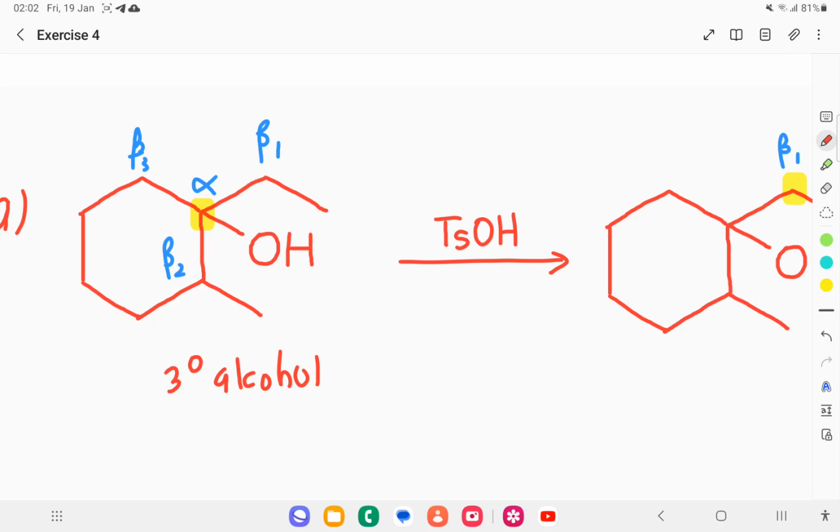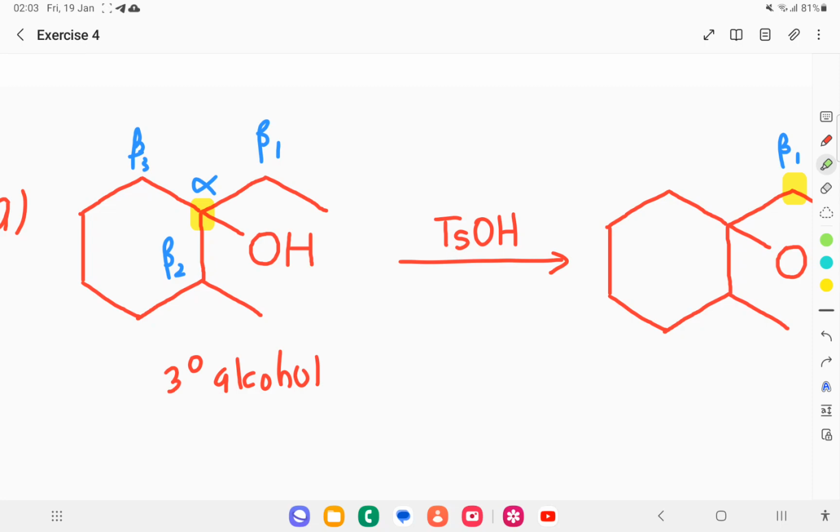For the type or class of alcohol, you look at this OH on the alpha carbon. If we have 3 beta carbons, then we have a tertiary alcohol. If we have only 2 beta carbons, then it is a secondary alcohol.